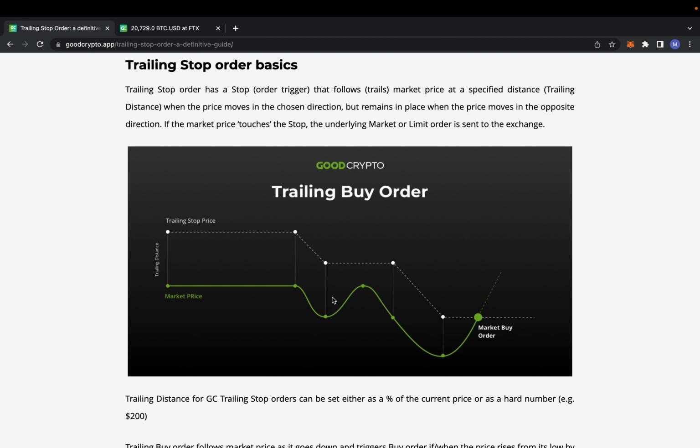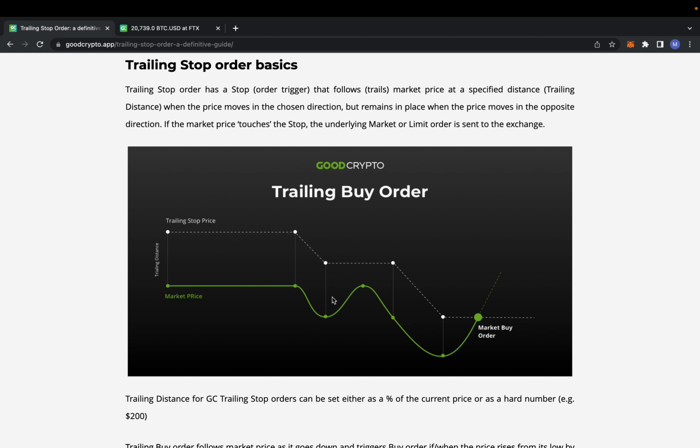It follows the market price and doesn't execute as long as the price keeps moving in the direction that you want it to move. But at the same time, it ensures that once that move ends, so the price is no longer moving in your favor and starts moving in the opposite direction, the order is executed and you get your order.